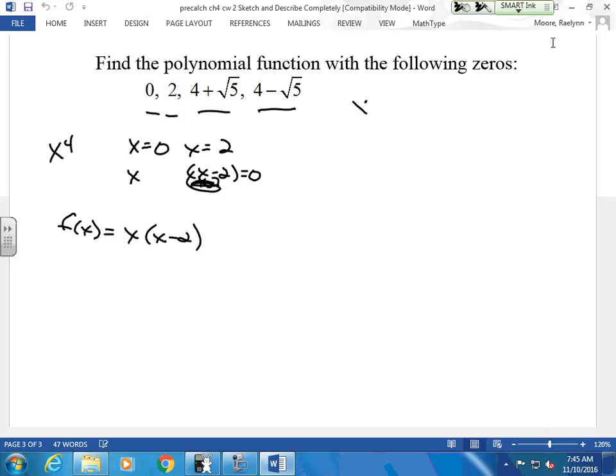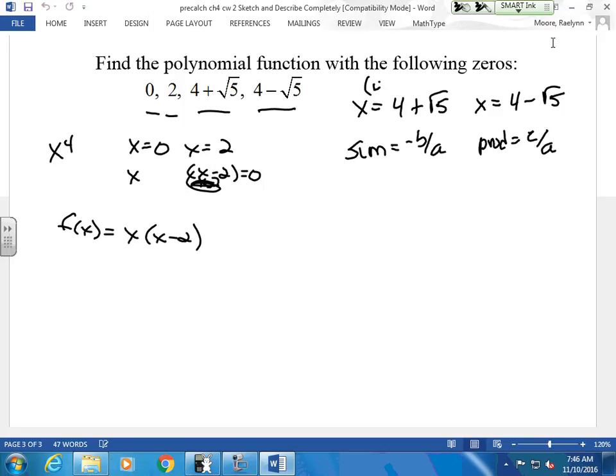So since these are a little more difficult for me to work with, I'm going to use the sum and product of the roots. Now don't panic because this works out really, really nicely. Start like this. Now I want you in your calculator to do this: 4 in parentheses plus radical 5, plus 4 in parentheses minus radical 5.